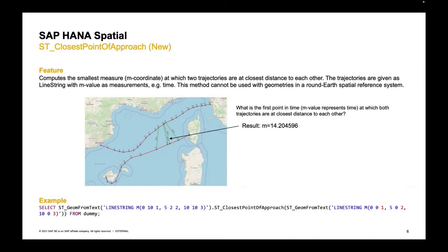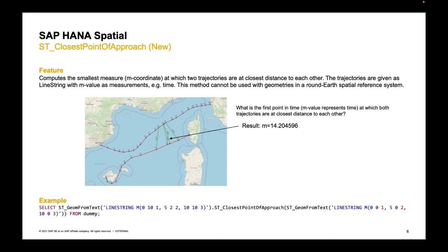Okay, the next spatial function is that you can calculate the closest distance between two trajectories. A trajectory is actually a line string that consists of coordinates and an m value. That's a measurement, for example, time. You see here on this picture, as an example, routes from two ships.